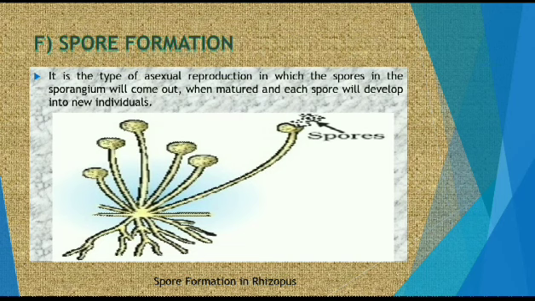Due to pressure, the wall ruptures and the spores come outside, and those spores are moved with the help of wind, water, soil, or anything, and spread, and there will be a formation of a new individual. This is spore formation.